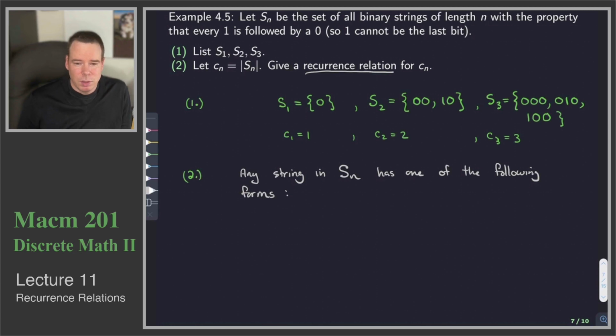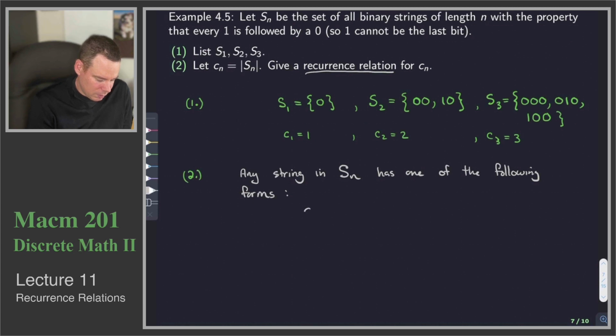So what that means is we are going to have to try to find a relationship between C sub n and its immediate predecessors, so the things right before it, C sub n minus 1, maybe C sub n minus 2, etc. Another way to phrase that is we are trying to find a relationship between elements in the set S sub n and the strings that are of length 1 less or 2 less, and so on. So the elements of S sub n minus 1 or S sub n minus 2. So I'm looking for this relationship, how to get a string of length n from its immediate predecessors, the strings of shorter length. So when I think about this, what does a string of S sub n have to look like?